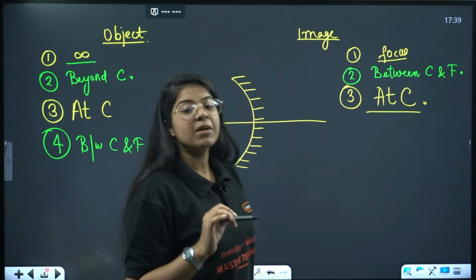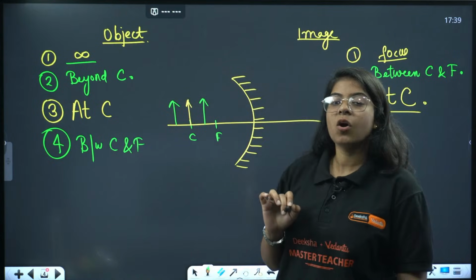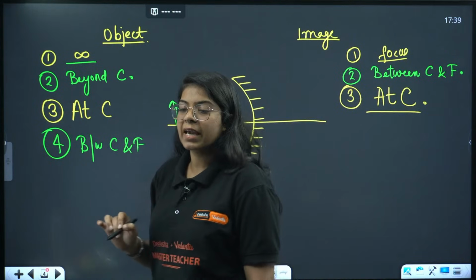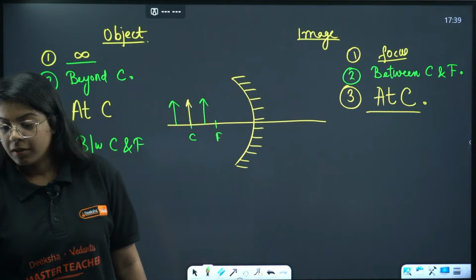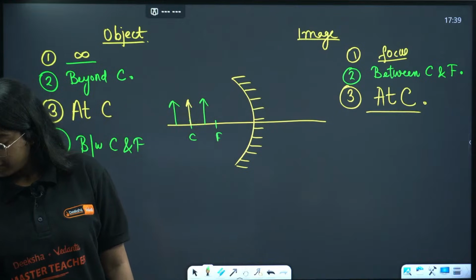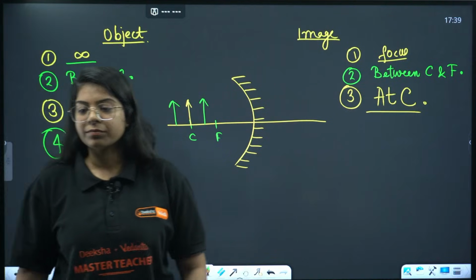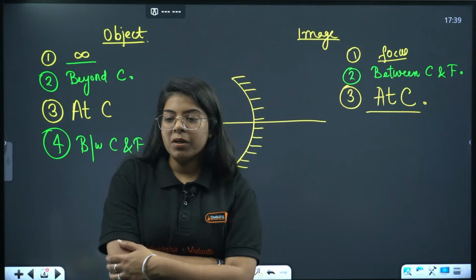Where will the image be formed if the object is between C and F? बताओ.